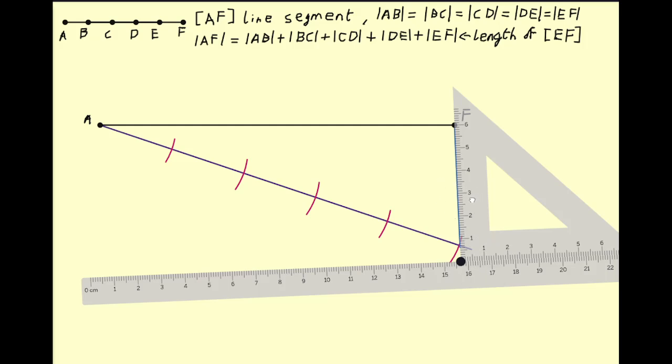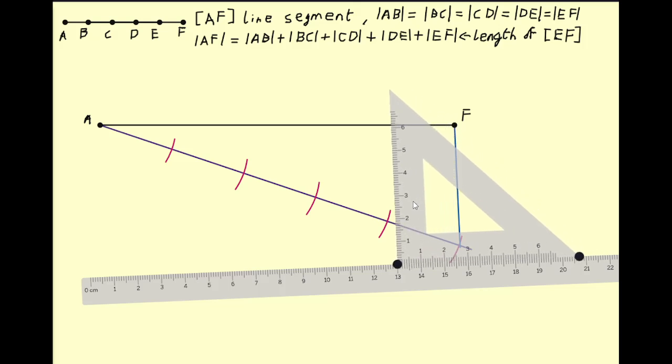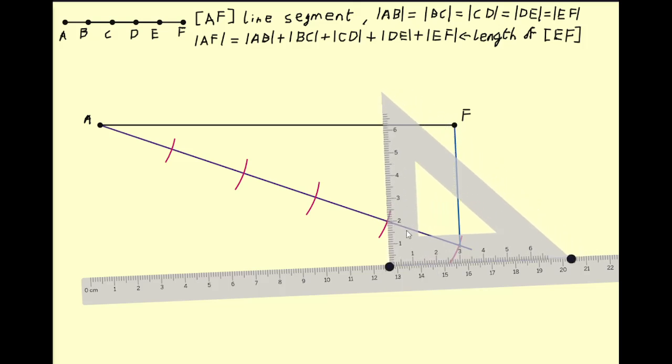So now we're going to slide the set square along until we get to our next arc, as we have here, and we take out our pen and we're going to draw in our line through. Those two blue lines are parallel to each other. They are both going in the same direction.